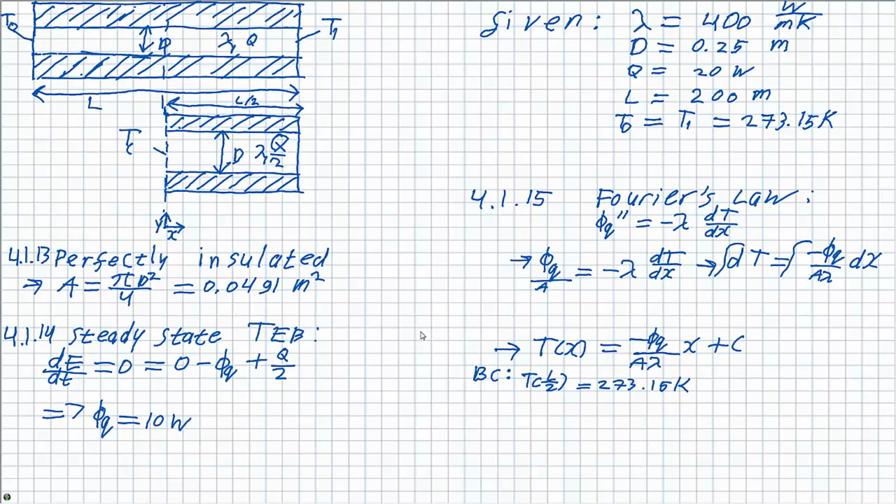If we then solve for C, we end up with C equals 324.07 kelvins, and at x is 0 we are at the middle of the wire, so T center is T at x is 0, and that's equal to the integration constant, so it is equal to 324.07 kelvins. Thank you for your attention.